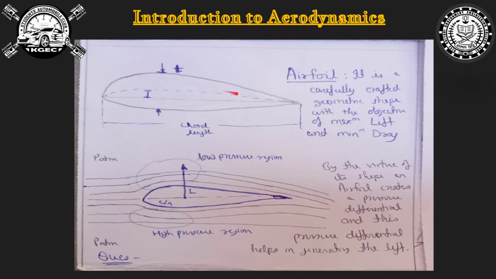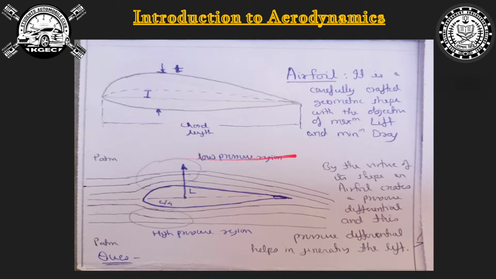This imaginary line right here divides the section into two equal halves, and this line is called the mean camber line. And the distance between the mean camber line and the chord line is called the camber of the airfoil. The more the camber, the more is the curvature of the airfoil. So camber represents the airfoil curvature, right?